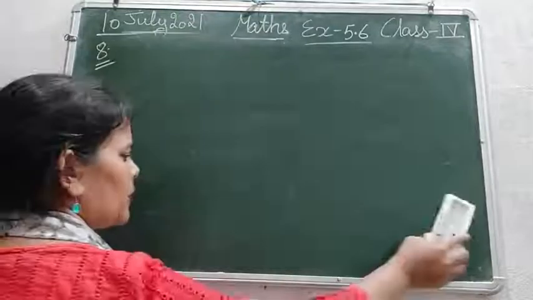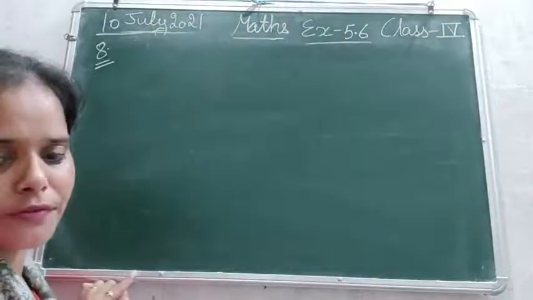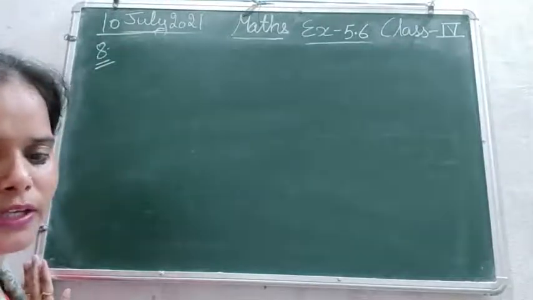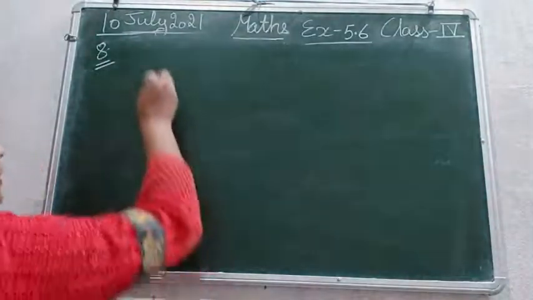ओके, वाटर कैपेसिटी या द कैपेसिटी ऑफ वन वाटर टैंक is equal to 1325 liters.